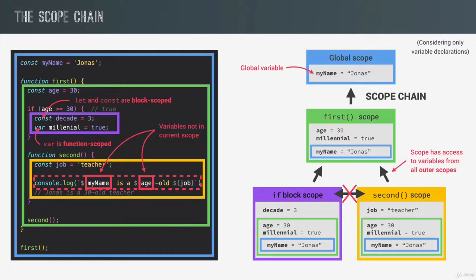And why is that? Well, it's because of lexical scoping, as we learned in the last slide. So the way that we can access variables depends on where the scope is placed, so where it is written in the code. In this case, none of these two scopes is written inside of one another. They are both child scopes of the first function.